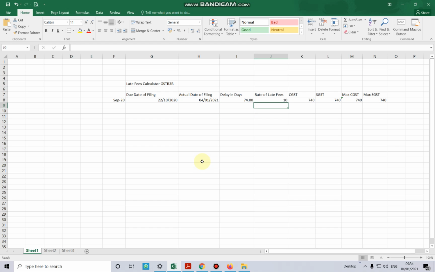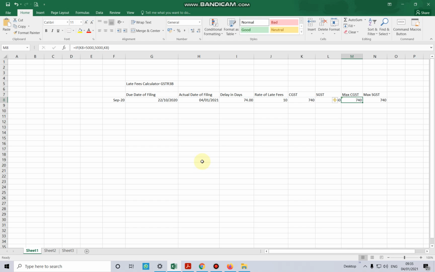So here, if there is a nil return, then you have to simply take 10 rupees. So it will be 74 into 10, 740 under CGST, and 74 into 10, 740 under SGST. Now, if this amount exceeds 5,000 rupees, then there is a maximum capping of 5,000 rupees for CGST and 5,000 rupees for SGST in GST laws.